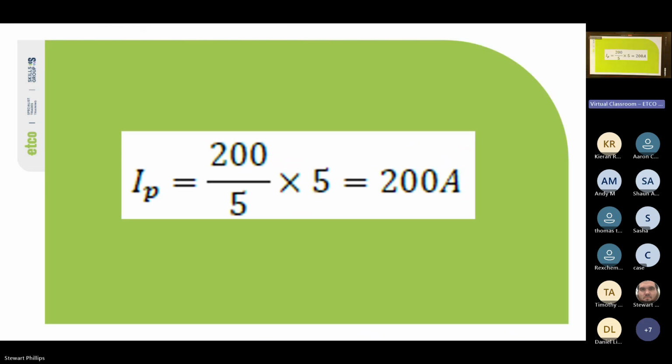Yeah, so I primary is 200 divided by 5 times 5. Basically, the 5s cancel each other out, and we're left with 200 amps. Pretty straightforward.